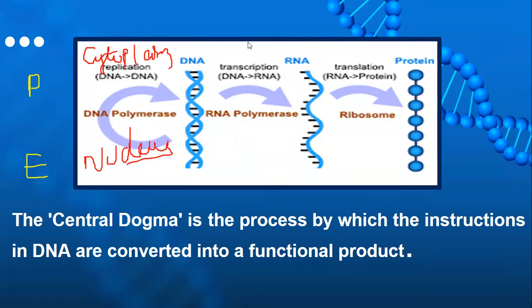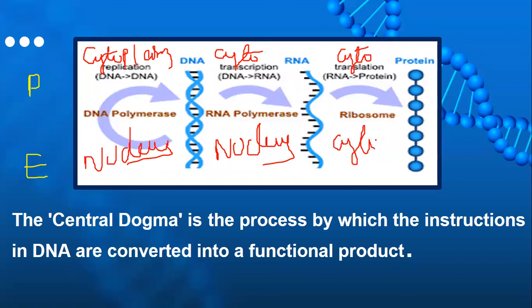And if you look into transcription, where does transcription happen in the prokaryotes? Once again in the cytoplasm. Where does transcription happen in the eukaryotes? Nucleus only. But my friends, let me tell you one important point to all of you. Whether it is a prokaryotic organism or a eukaryotic organism doesn't matter. Protein synthesis always takes place in the cytoplasm only.